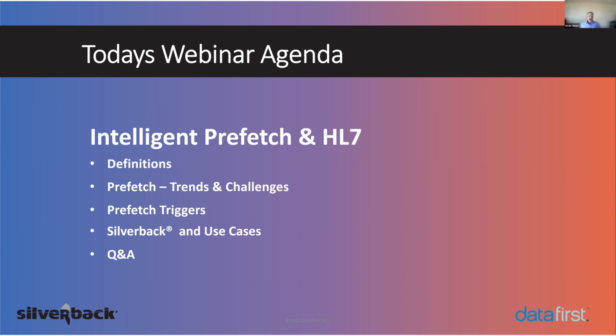So for today's agenda, we're going to go deeper into Silverback as we focus specifically on the intelligent prefetching capabilities of our engine and how we think we can add value to any imaging enterprise where you might have a challenge around prefetch. We call it prefetch, but we'll also throw the word intelligent in front of it because we believe we've got some technologies that help make that prefetching smarter than your typical prefetching.